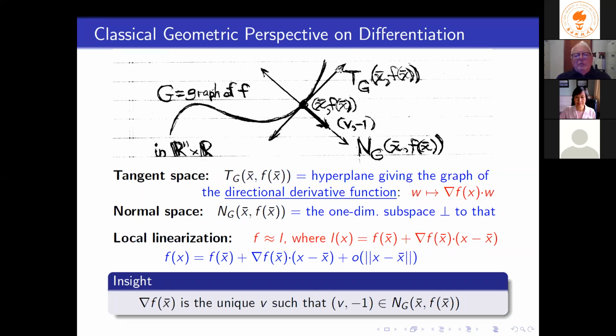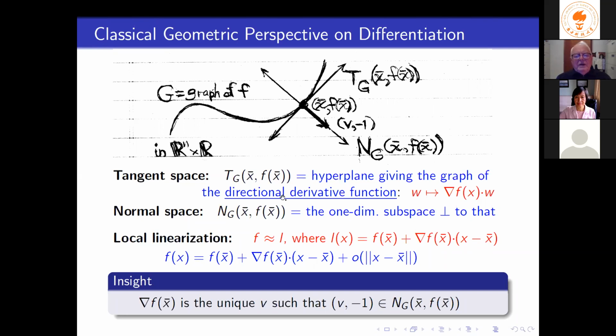And then what is the formula for a directional derivative? You could see by looking at the formula for a directional derivative in terms of the gradient that the gradient is actually the vector you get that's in the normal cone here when you move down to the -1 level. The vertical coordinate is -1, and then that vector will give you the gradient.